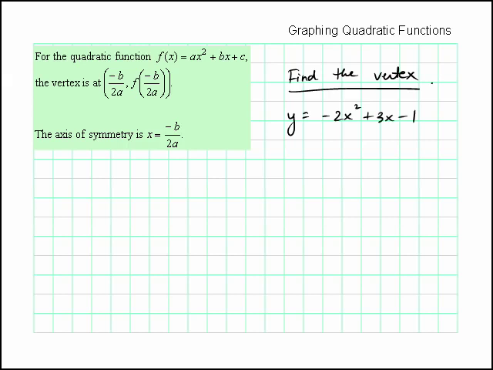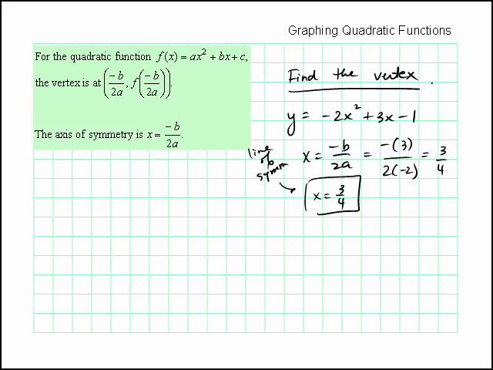Line of symmetry here is going to be x equals negative b over 2a, which in this case is going to be negative 3 over 2 times negative 2. Simplifying that, I get a positive 3/4. So our line of symmetry is x equals 3/4.